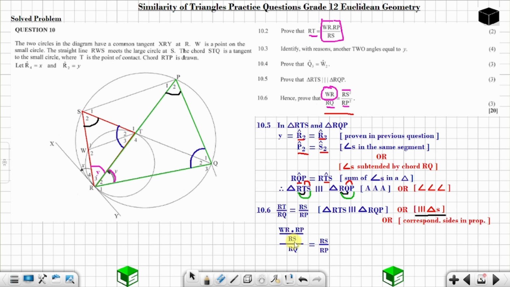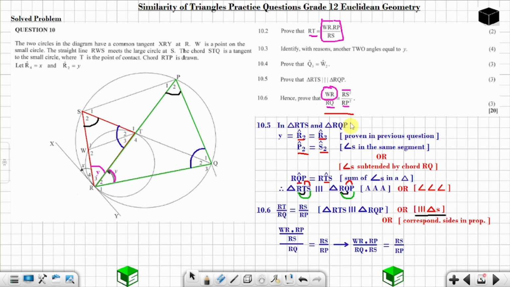Now you need to get rid of RS. You multiply by RS in the numerator and you multiply by RS in the denominator, so you cancel. You only have WR times RP over RQ times RS, and this is equal to RS over RP.